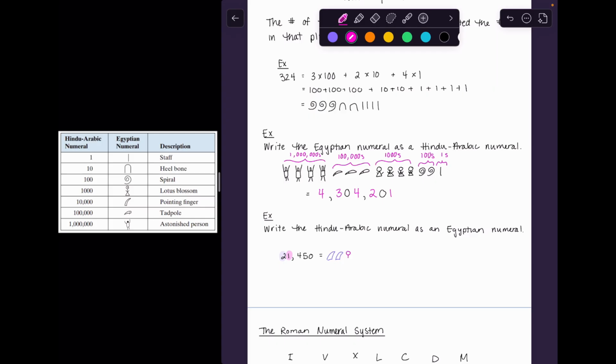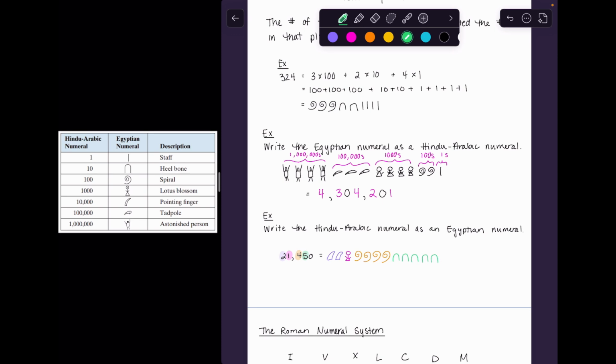Then I have a single 1,000, which is that lotus blossom. So I'm going to go ahead and draw it the best I can. Then I have 4 hundreds, and my hundreds is that spiral, so I'm going to do 4 spirals. Then I have 5 in the 10 spot, so I'm going to draw 5 heel bones.